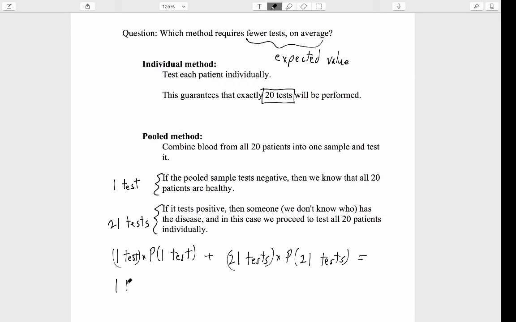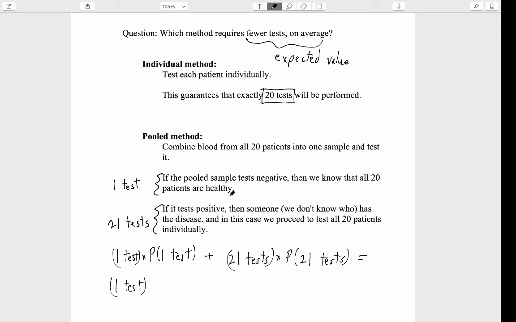So this equals one test times the probability that everyone is healthy. That's what would have to happen for us to get away with doing only one test, and that is a job for the binomial probability model. Right? Each individual patient is a Bernoulli trial. Each individual patient is either healthy or not healthy, at least as far as this one disease goes.